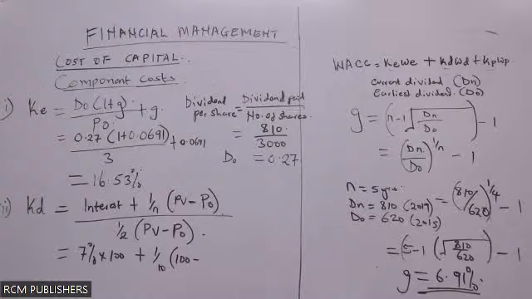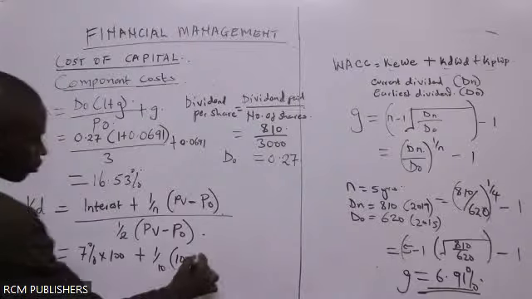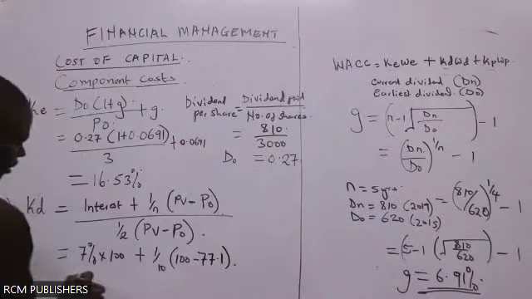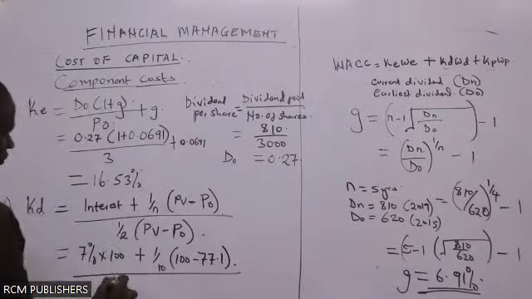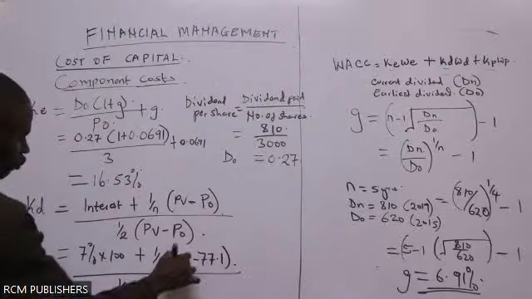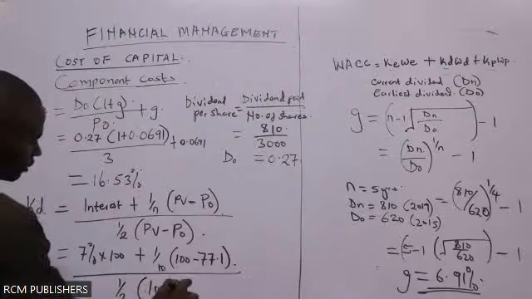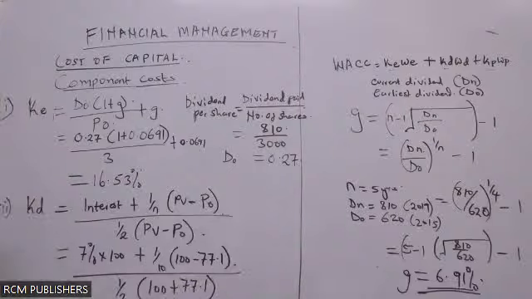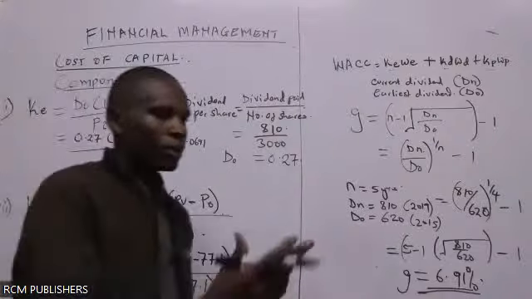Is it 77.1? Yeah, 77.1. So you subtract 77.1, and then you divide by a half of the summation of 100 plus 77.1.